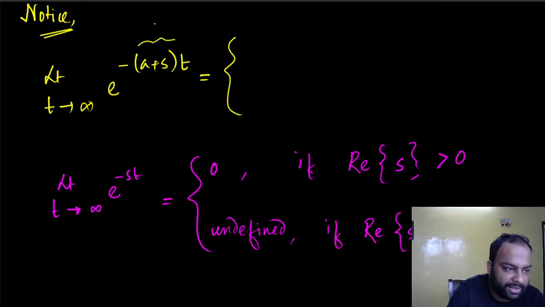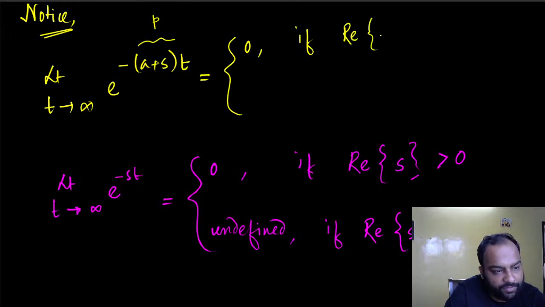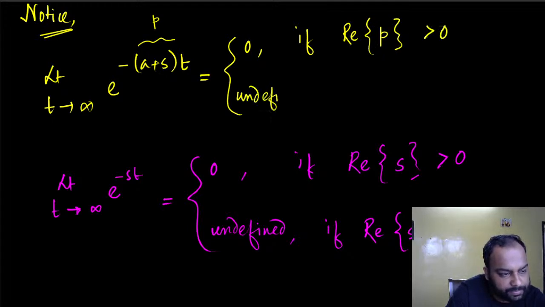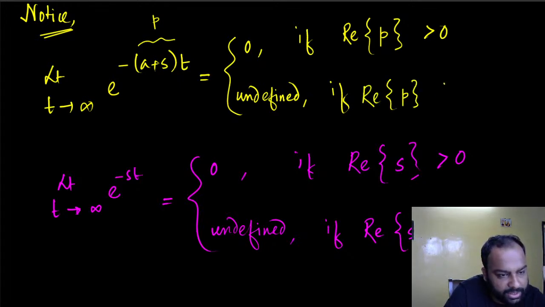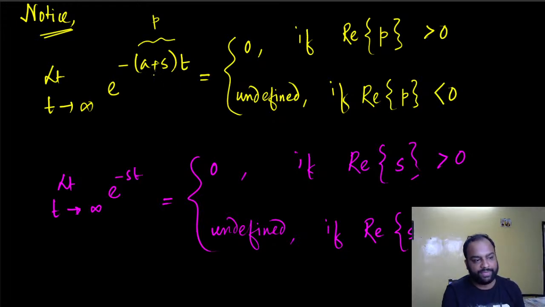If I consider this a plus s to be something like p, then I can say this is going to be 0 if the real part of p is greater than 0, and this is going to be undefined if the real part of p is less than 0. Again, a is a complex number, and of course real numbers are just a subset of complex numbers. But what is p?